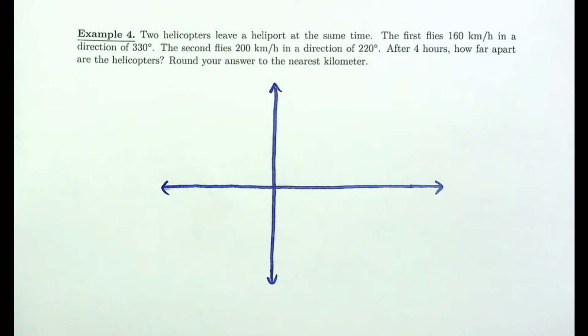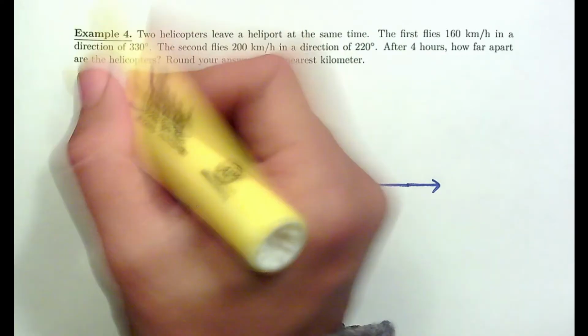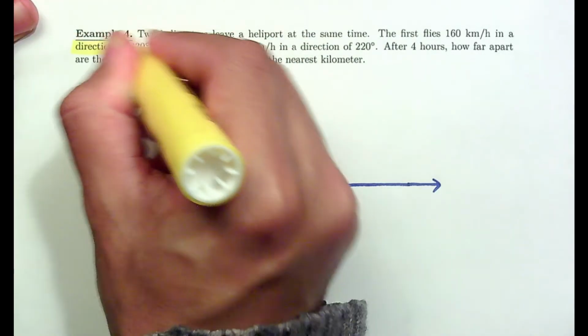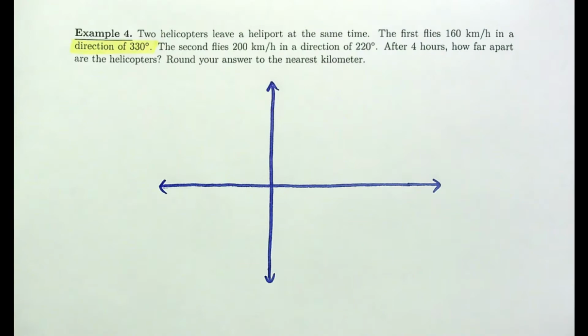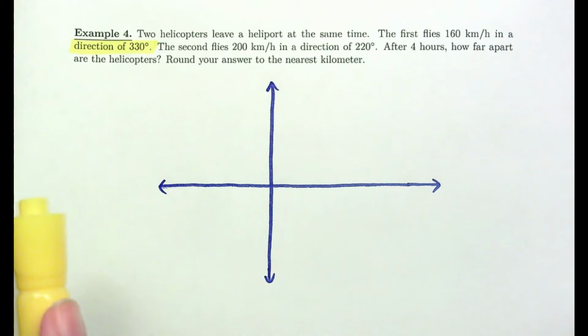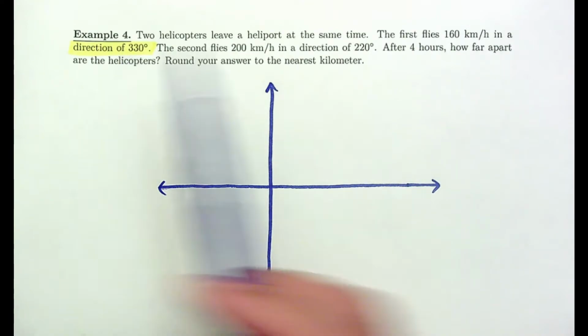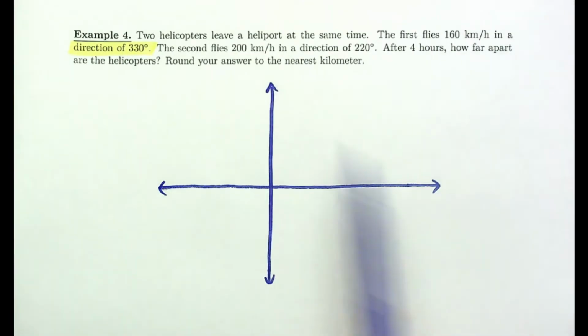Now, typically in these application problems, when they give you a direction in terms of degrees, without any further qualifiers such as northeast, northwest, southwest, or southeast, when they give you a plain number measured in degrees, that means you measure that from the north instead of from the east.